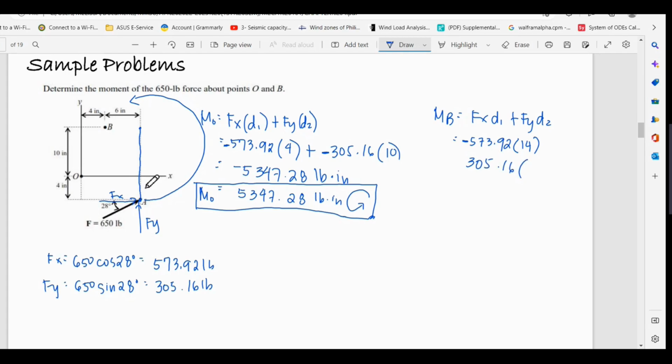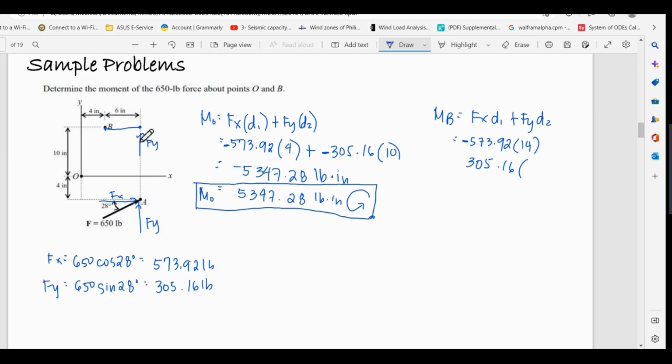Lever arm natin or the distance. So, gagawa ulit tayo ng stick, parang stick from the moment center papunta sa line of action ng ating Fy. So, ito ngayon yan. Again, principle of transmissibility. This is also Fy.